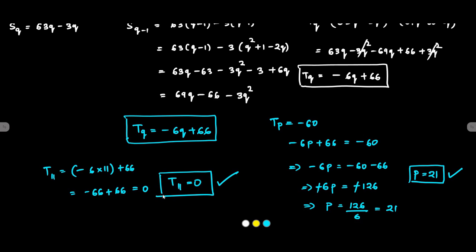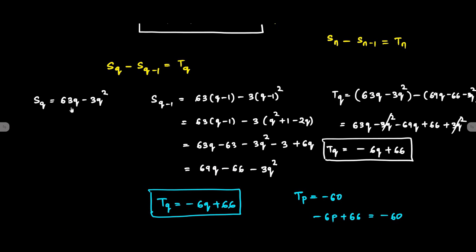The important thing here was the expression of Sq, the expression of Sq minus 1, and Sq minus Sq minus 1 is equal to Tq, because we wanted to get a general expression for any specific term of this AP.